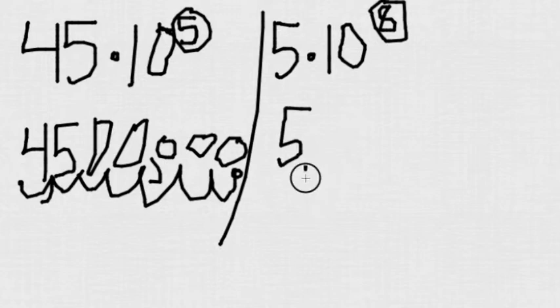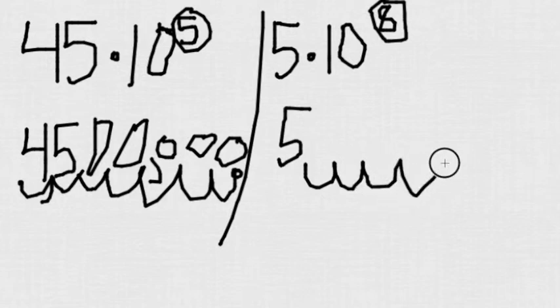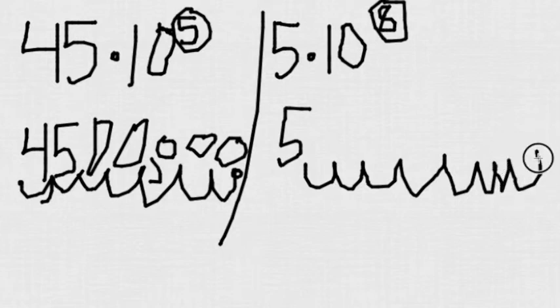So I'm going to take that, move the decimal point 8 times. 1, 2, 3, 4, 5, 6, 7, 8. Okay. Then we would fill those in with zeros, and so on.